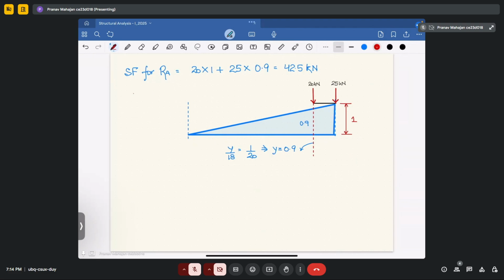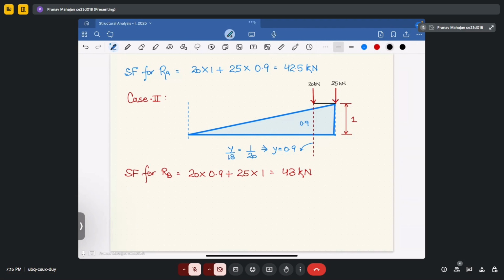So this is your case 2. I have to mention here also, so for case 2, now your shear force for reaction B will become 20 into 0.9 plus 25 into 1, and that will give you a value equal to 43 kilonewton.